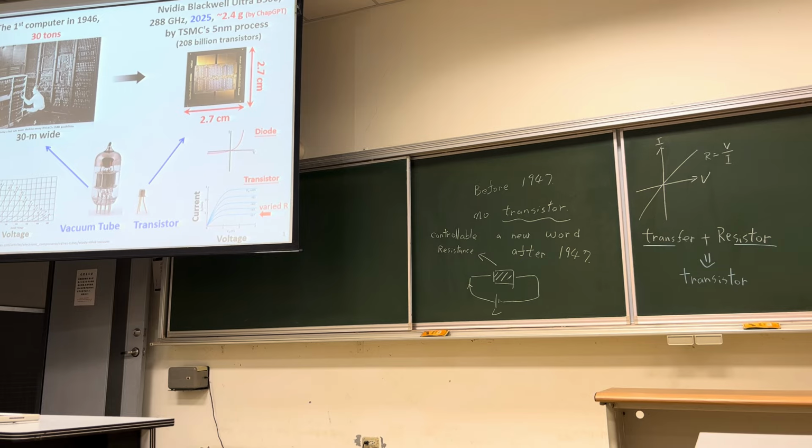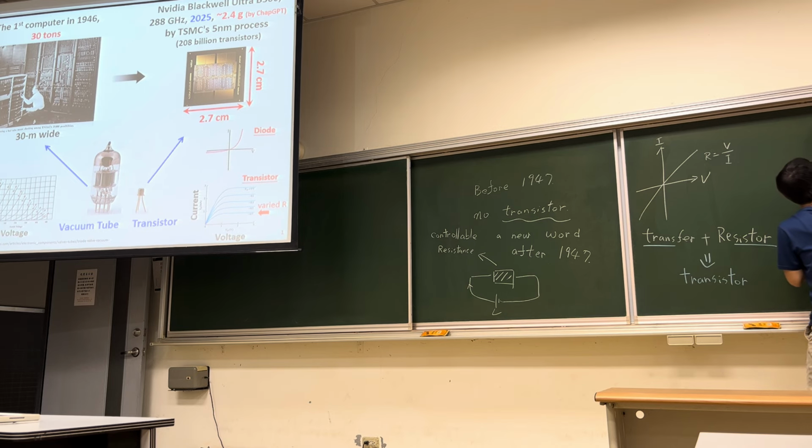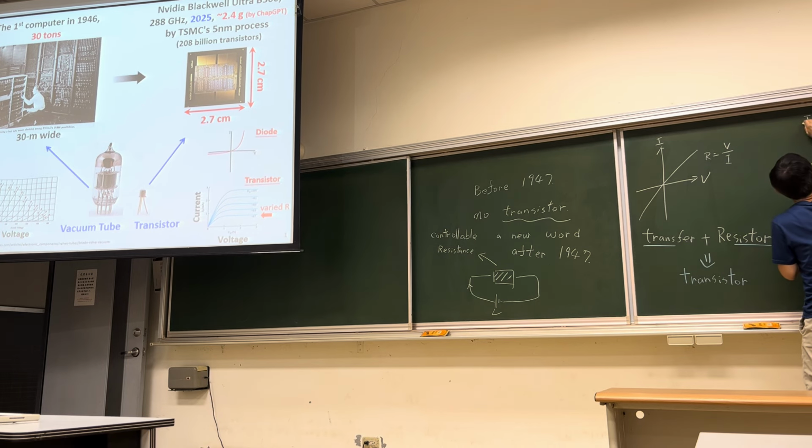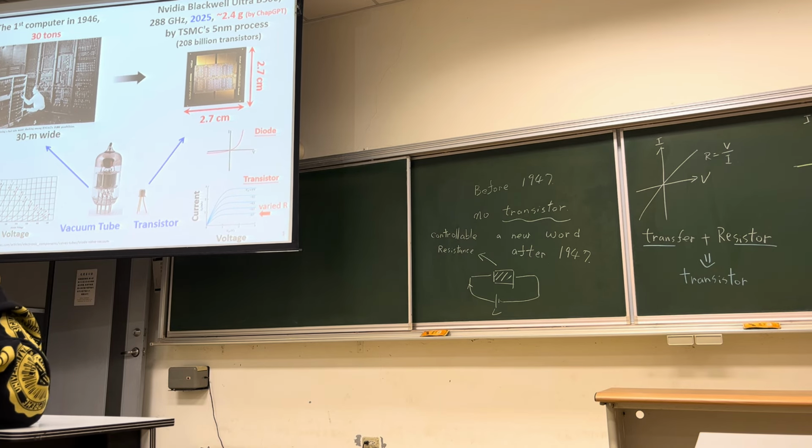So you can see the basic difference between a resistor and a diode. Right, so this is a diode, not a transistor. Okay, because for a diode, I is equal to I0 times (e^(qV/kT) minus 1), right? That's the equation we derived before the midterm, right?